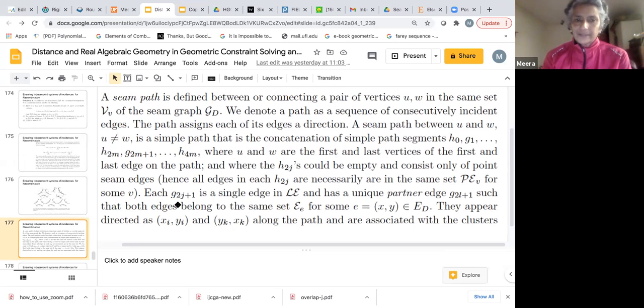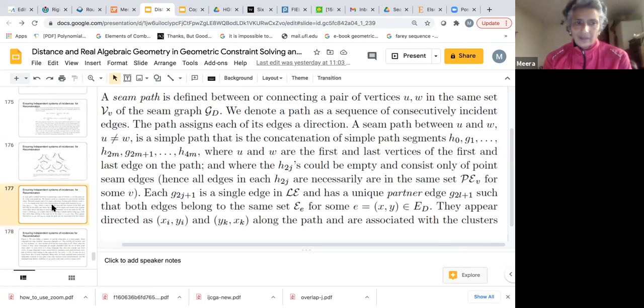And for the G segments, each G 2J plus 1 is a single edge in the line seam edges, and it has a unique partner edge, G 2L plus 1, such that both edges belong to the same set. So in other words, all of those line seam edges correspond to the same edge, E, in the original graph. So that's the definition here.